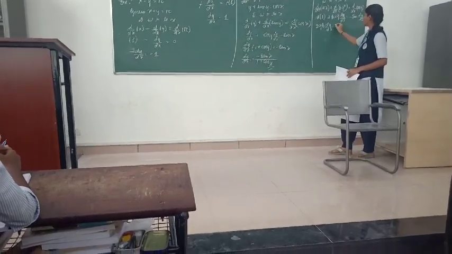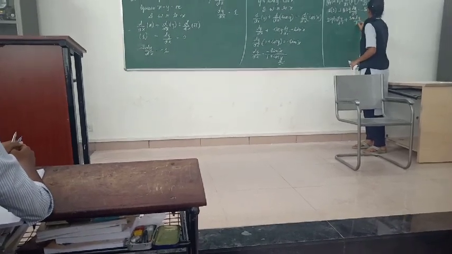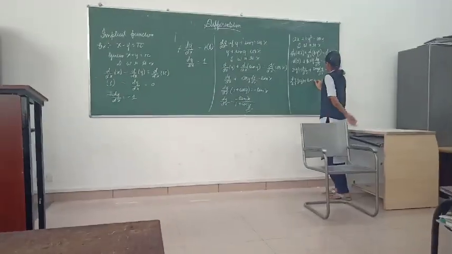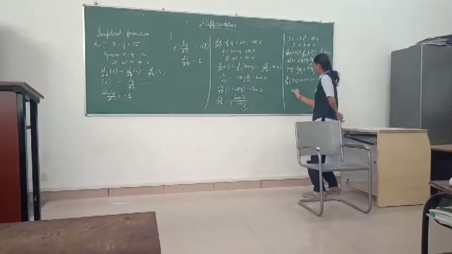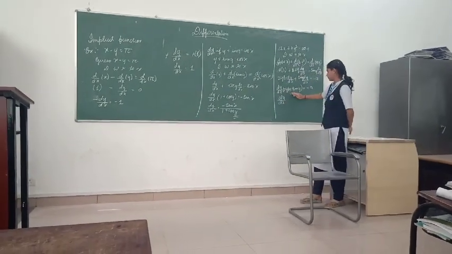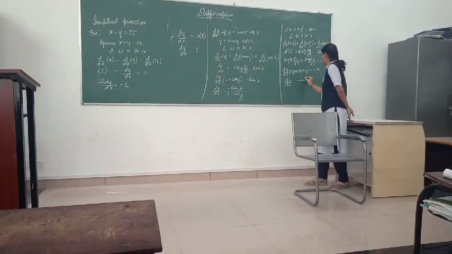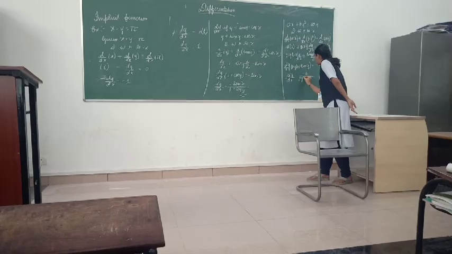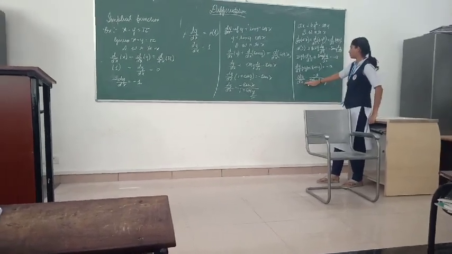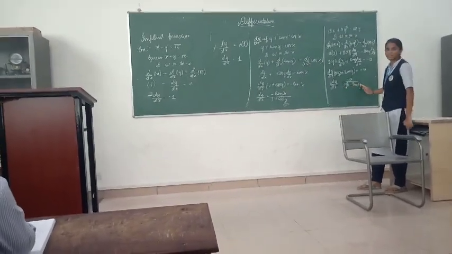Come to left hand side, it will be plus sin dy by dx. Minus plus. So the denominator will be 1 plus cos y and the numerator will go with minus sin x. So this is the differentiation of y: minus sin x divided by 1 plus cos y.